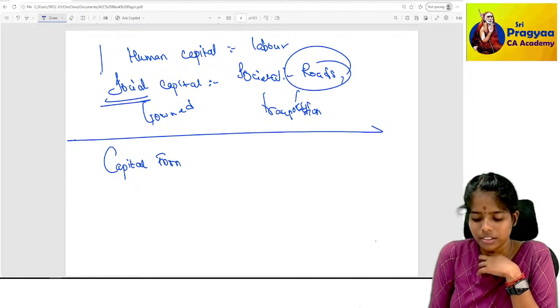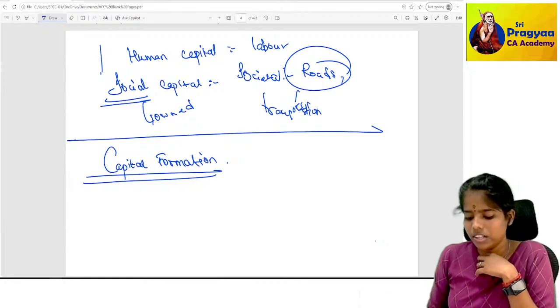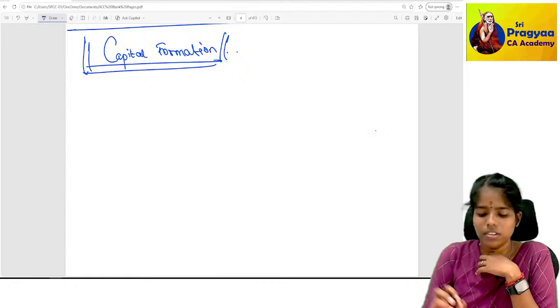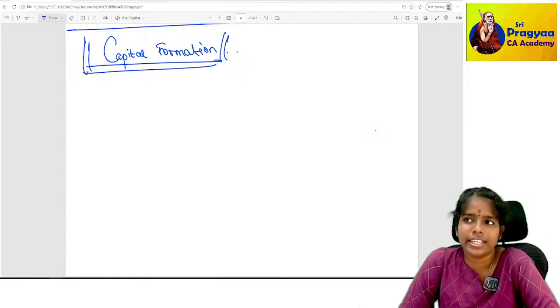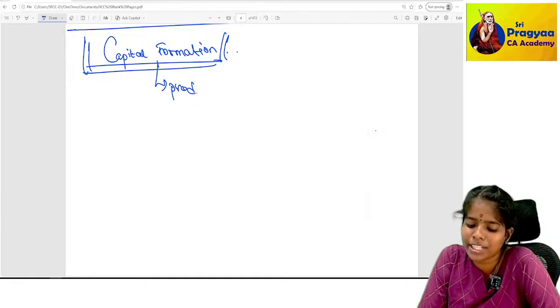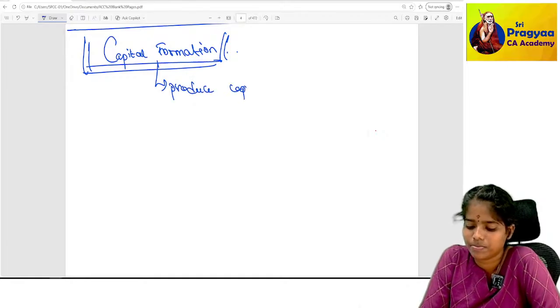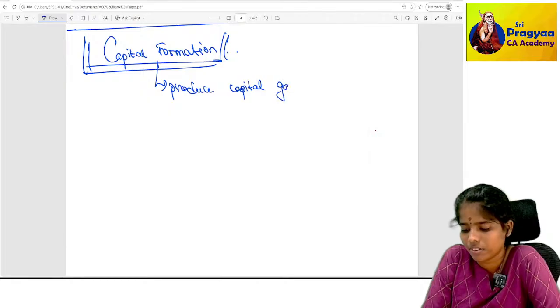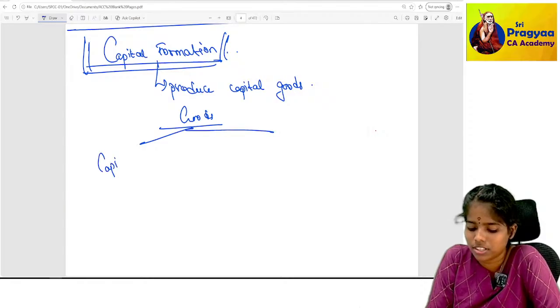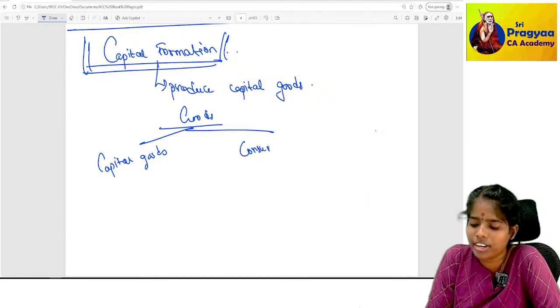Before that, we will see capital formation. Capital formation means I am going to produce more of capital goods. Goods, there are two types. Capital goods, consumer goods. Mainly, consumer goods it is used for consumption.